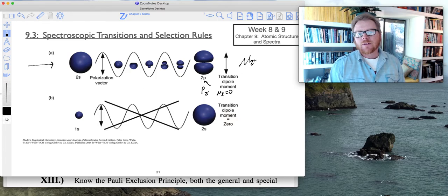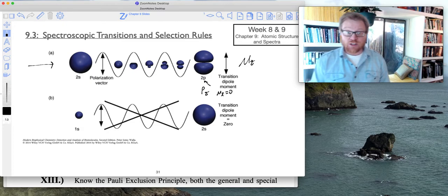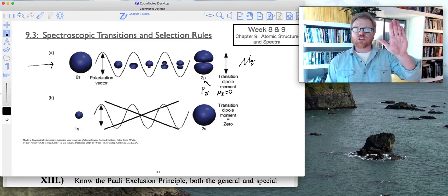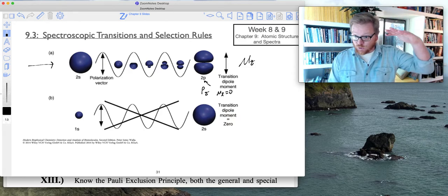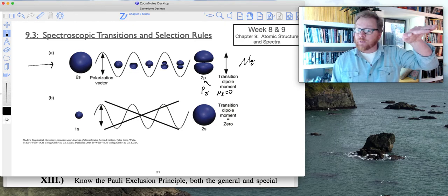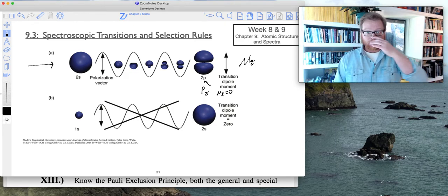If we're talking about transitions to a 2px or a 2py, that's okay. We can do that. But remember, the 2px or the 2py will be oriented 90 degrees relative to that 2pz, depending on which one we're talking about.